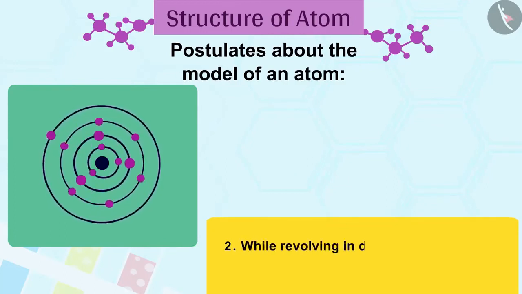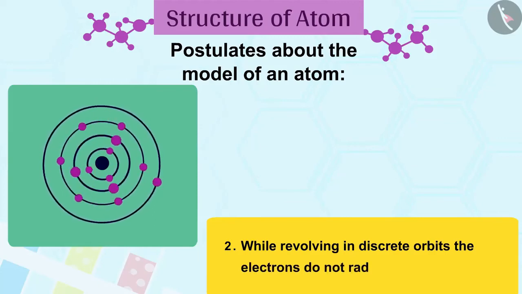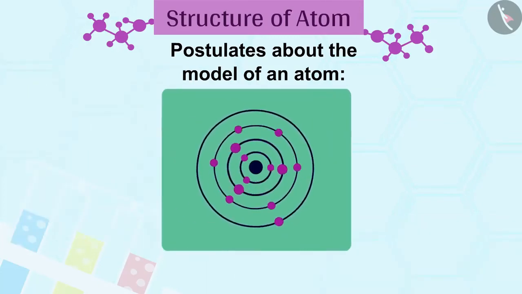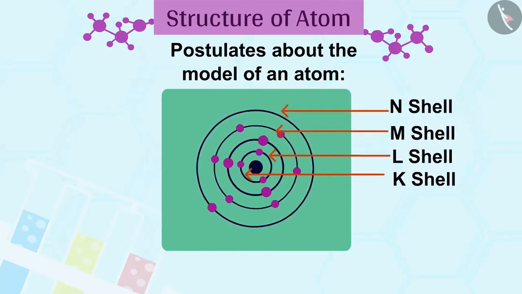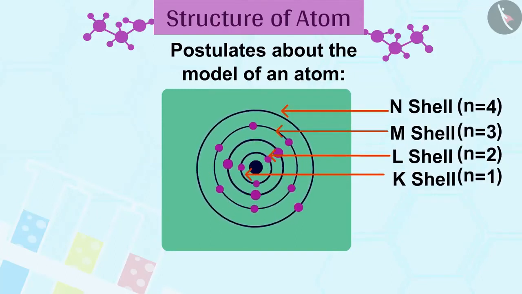While revolving in discrete orbits, the electrons do not radiate energy. These orbits or shells are represented by the letters K, L, M, N, or the numbers n = 1, 2, 3, 4, and so on.